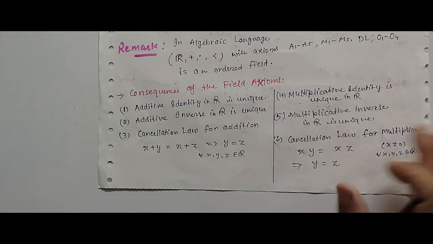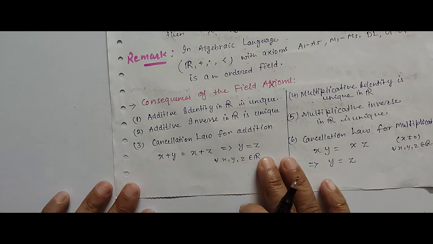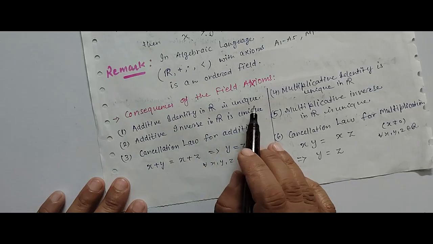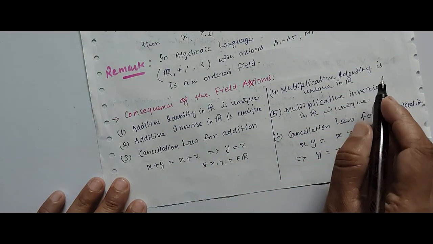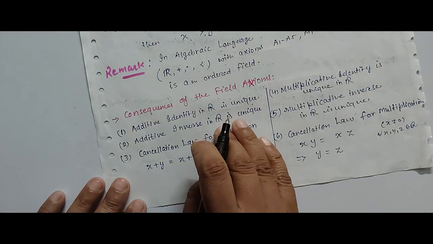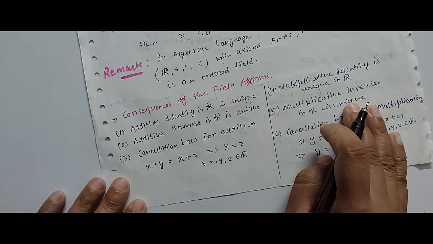Some consequences of the field axioms are that the additive identity in R is unique. Similarly, the multiplicative identity in R is unique. The additive inverse in R is unique. The multiplicative inverse in R is unique.